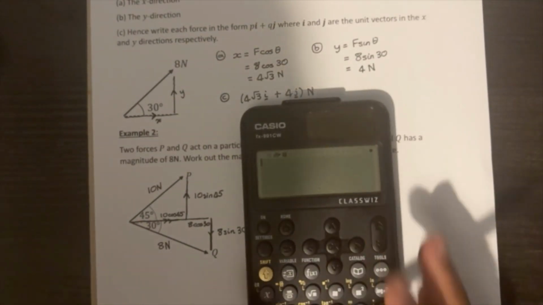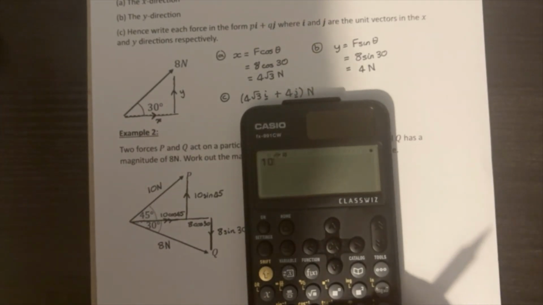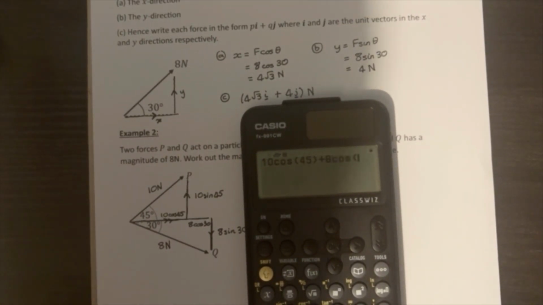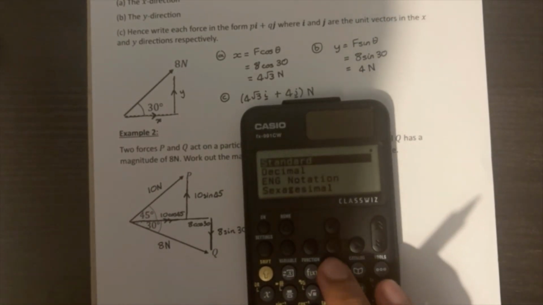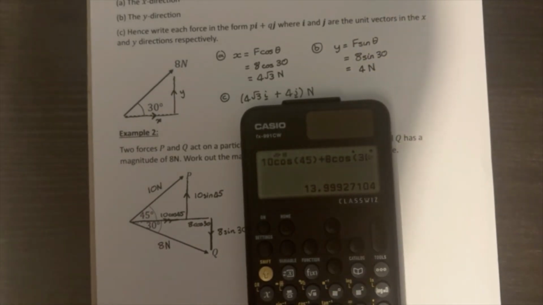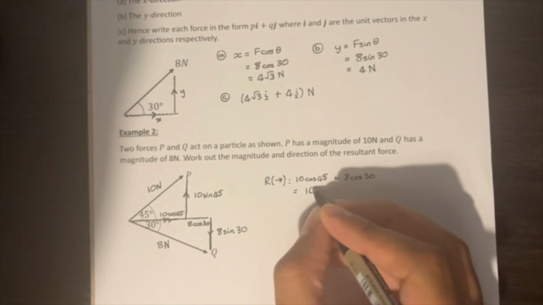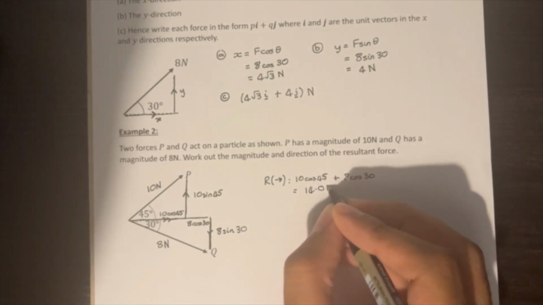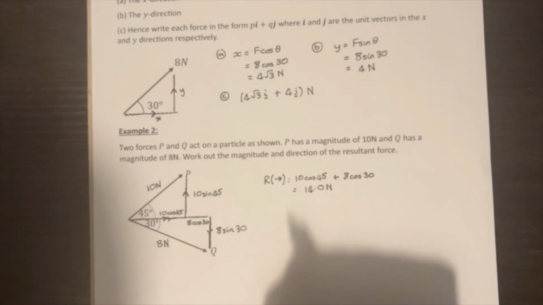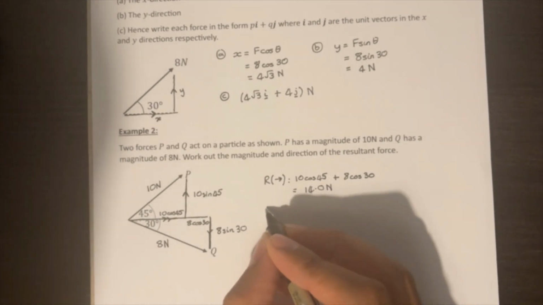So in my calculator, 10 cos 45 plus 8 cos 30, and that is going to give me 13.99, very close to 14. So we'll go 14.0 newtons. So that is our component in the horizontal direction.